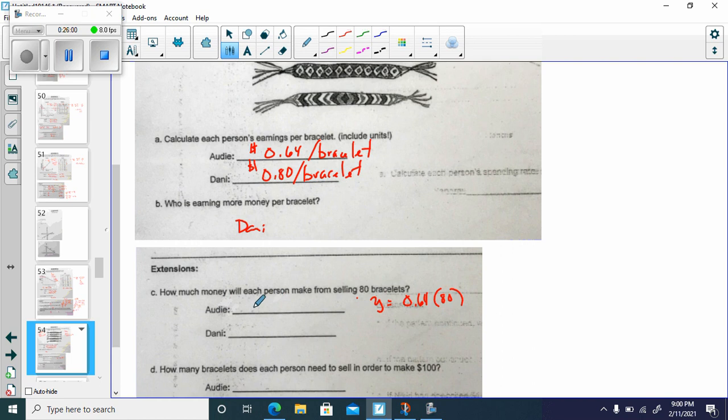That would give you $51.20. And for Danny, it's 80 cents per bracelet times 80 bracelets. And that would be $64.